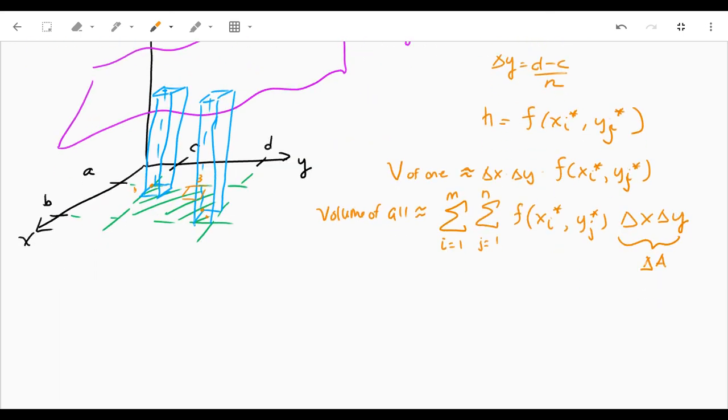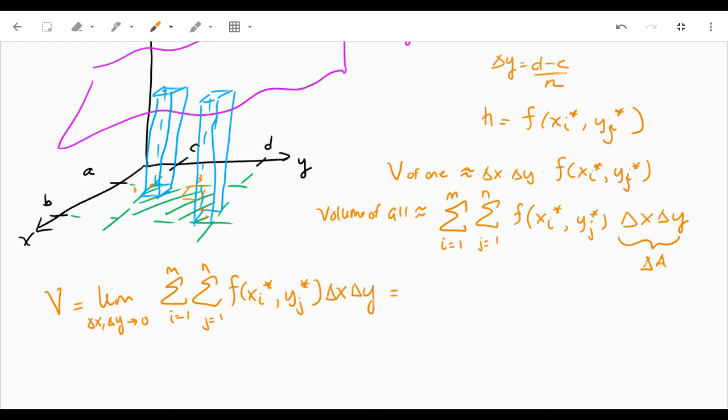That's just showing that you would add up the volume of all of those rectangular prisms. So what we're getting at is that the volume would equal the limit as delta x and delta y approach 0 of that summation, which is your integral from a to b and from c to d of f of x, y dy dx.